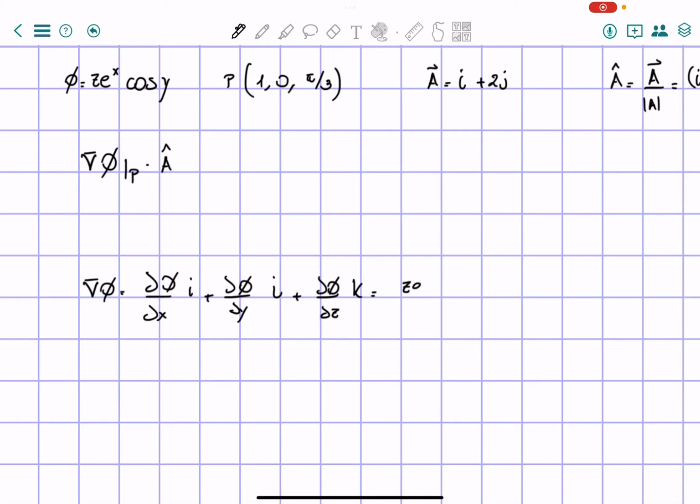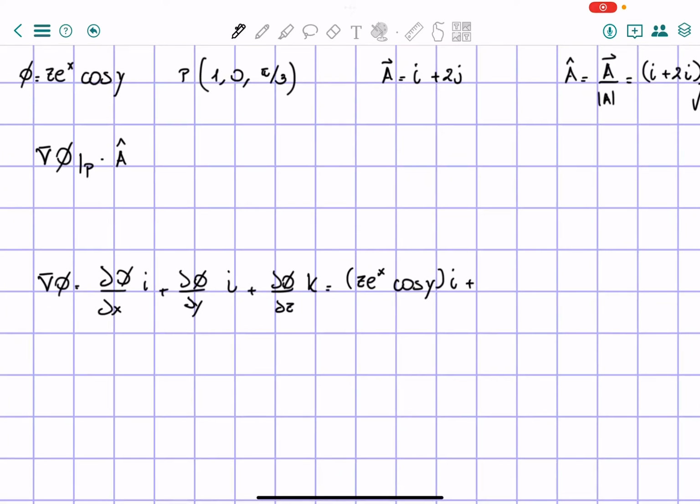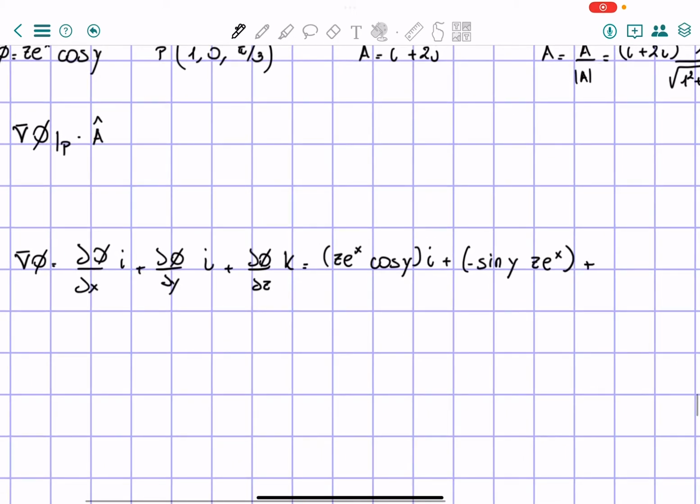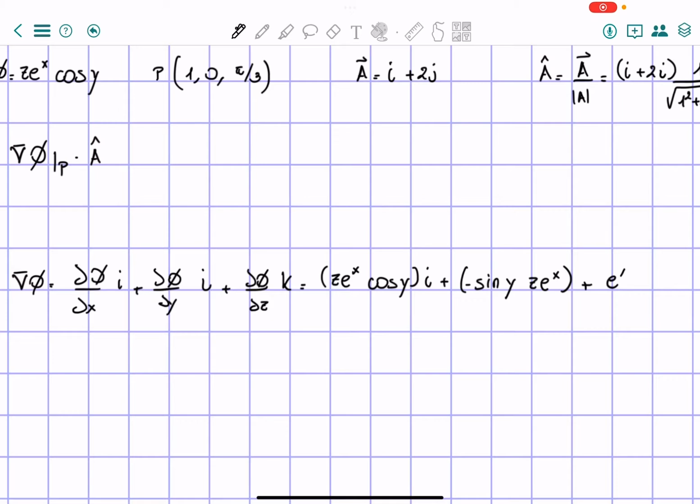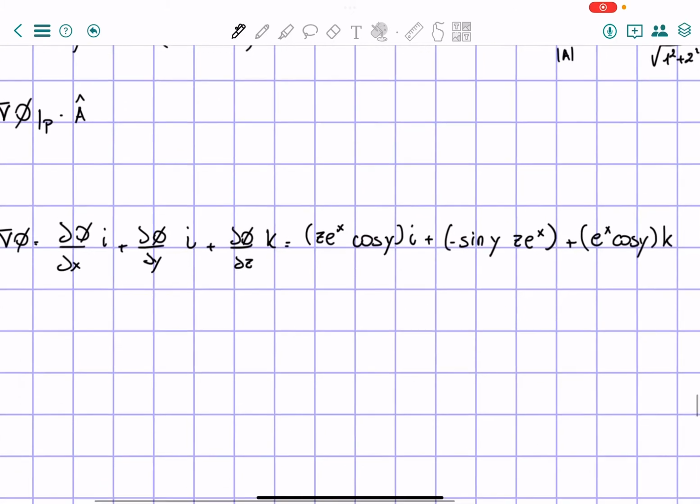So z e to the power of x cosine of y, all of this is in the i direction, plus, let's derive in terms of y, so let's derive the cosine, therefore we get a negative sine of y, I'm going to put it in front, and everything else remains the same because it's a constant at this point, plus, and then we derive in terms of z, and we get e to the power of x cosine of y in the k direction.